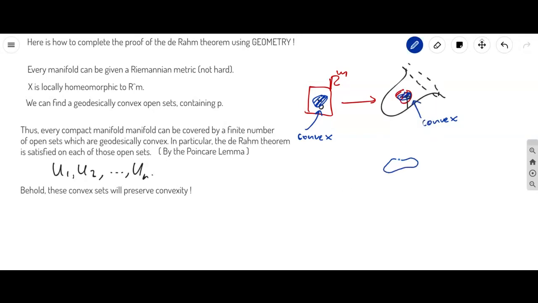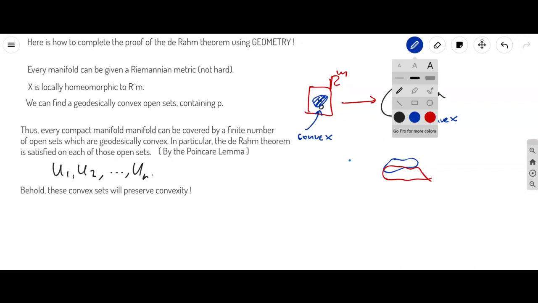If you have something that's geodesically convex on the manifold, and you have something else that's geodesically convex on the manifold, then the intersection will be an open set that is convex. It's the exact same proof, because if you give me any 2 points in the intersection, those 2 points are both in the blue one and in the red one. And there's a unique minimizing path between them. So it's a very simple proof that the intersection of convex sets is convex.